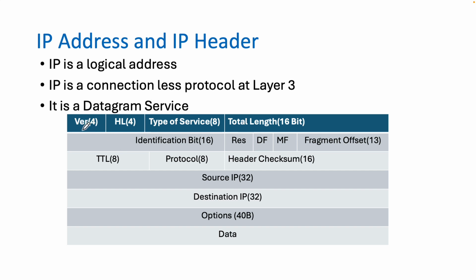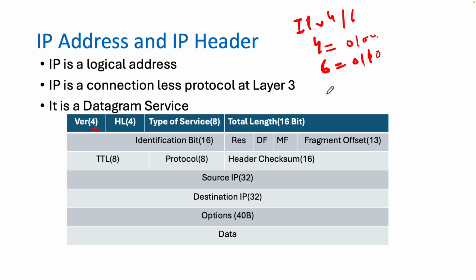So this is a version, 4-bit. So are we using IPv4 or 6? If it is IPv4, how would you write 4 in 4 bits? 4 will be like 0100. Okay. If it is IPv6, then it will be 0110, right?